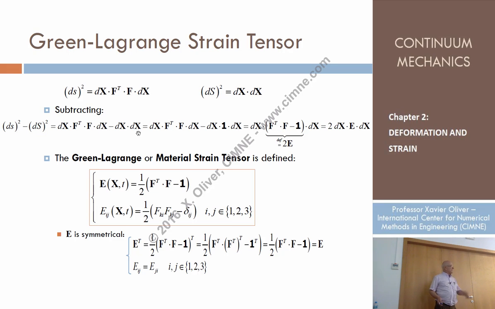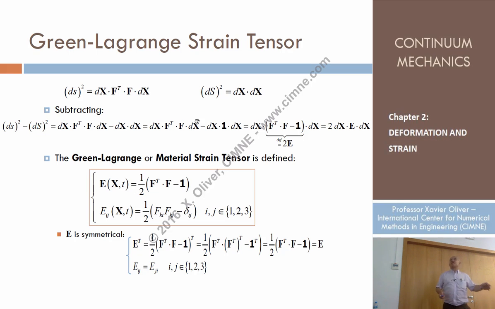Okay? Well, this I define as twice an entity called capital E, which is the first measure of strain, the most important measure of strain. This is the Green-Lagrange or material strain tensor.